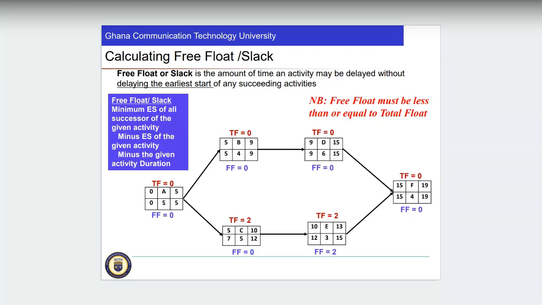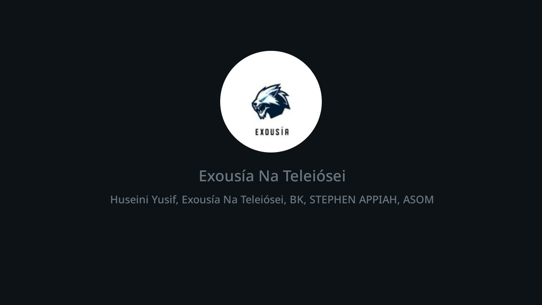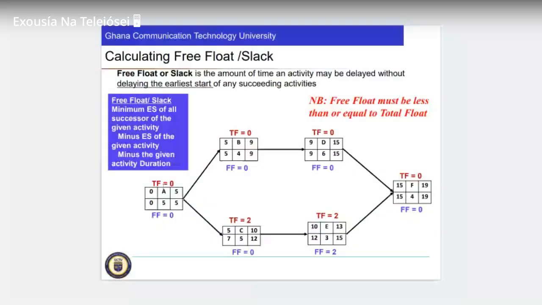The earliest start is already 0. Here is 0. The first of them all is 0. Just know that you can't have a value of free float more than the total float.